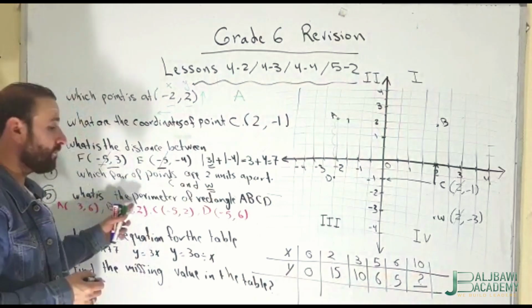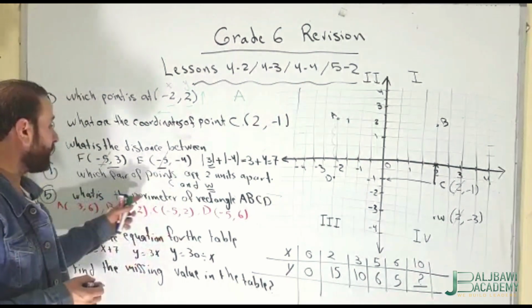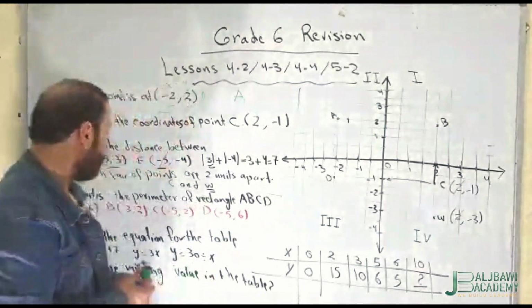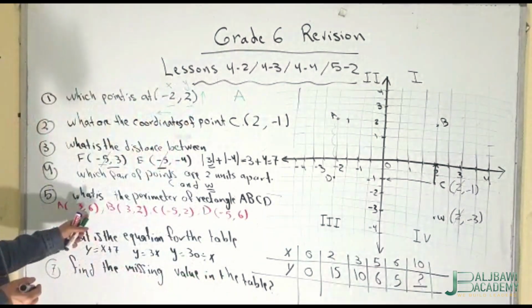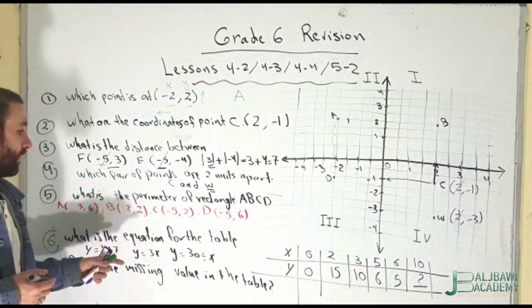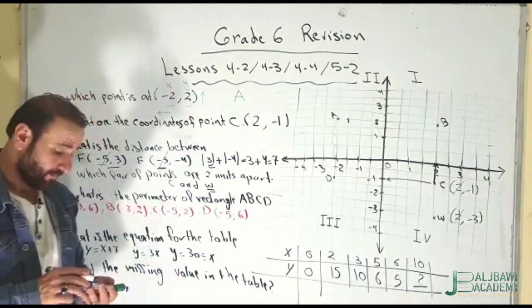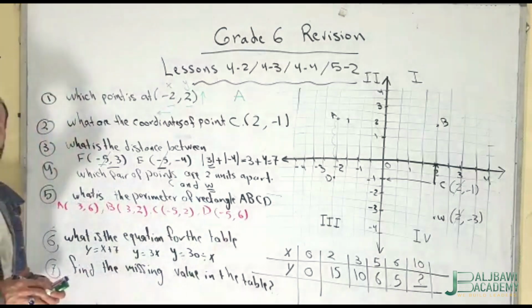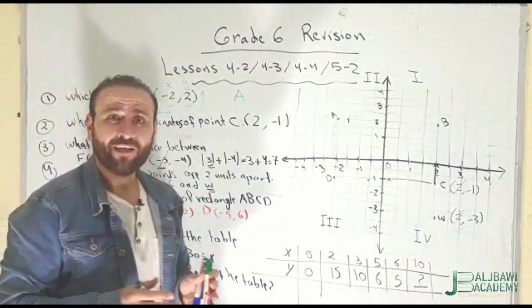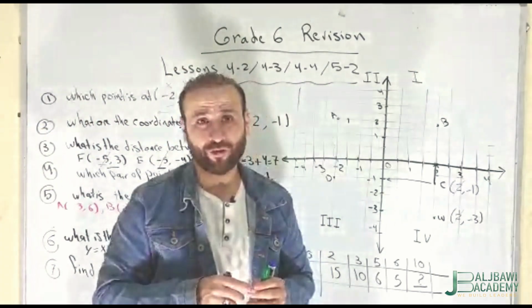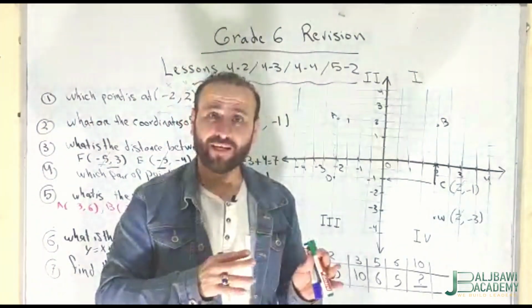Now, this is the main question. What is the perimeter of rectangle ABCD, where A is (3, 6), B is (3, 2), C is (-5, 2), and D is (-5, 6)? As you know, the rectangle has 4 sides. Opposite sides are congruent, which means they have the same length.